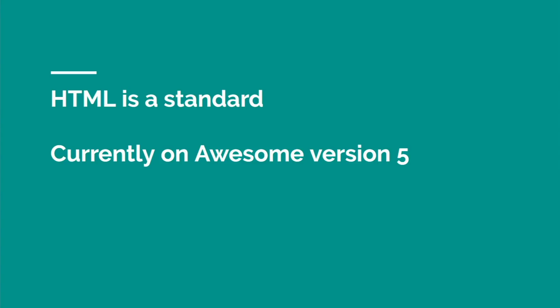Web 2.0, Web 3.0, HTML5 drove those changes, so we can do more and be more consistent. We'll learn more about this later on, but what we just need to know a little bit of history is that right now HTML is on version 5.